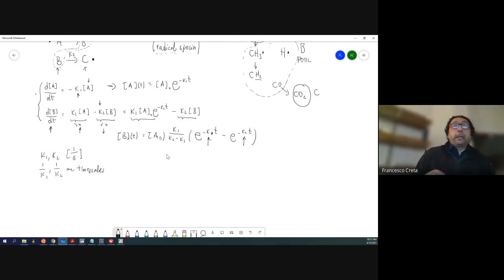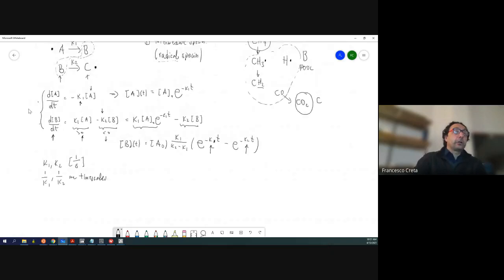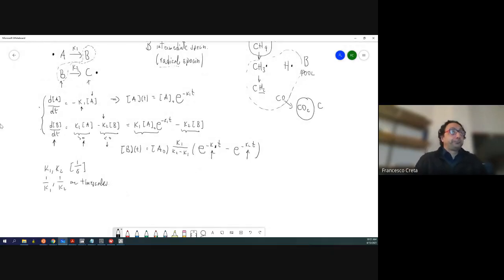Now, this will be a crucial aspect of combustion reactions, and the reason why we're concentrating on this consecutive reaction system. Usually, you will have reactions of the kind A going to B that are very fast.